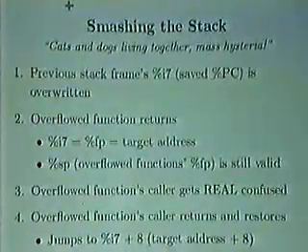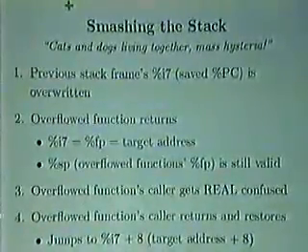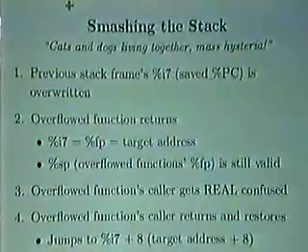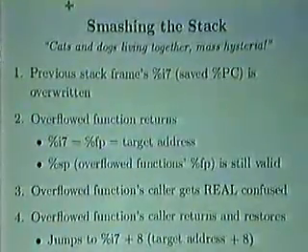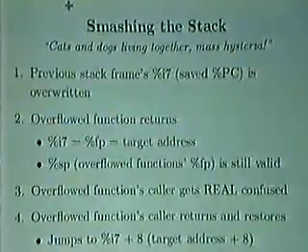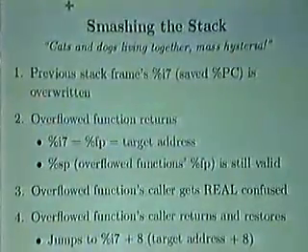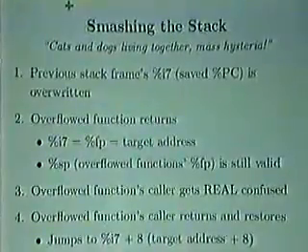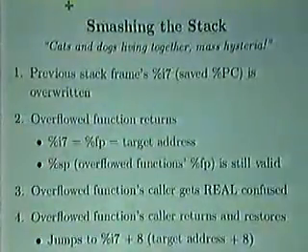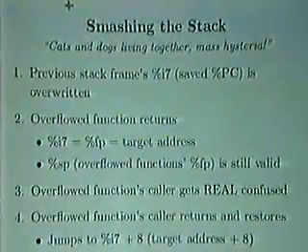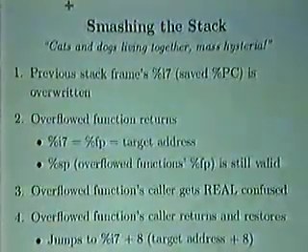Obviously, the previous stack frame's saved program counter is overwritten, as is all his other registers. The function returns, his frame pointer becomes the target address, and his input 7 register becomes the target address also. And the stack pointer is still valid. The stack pointer will still be the pointer to his stack, which has not been totally foobarred at this point.